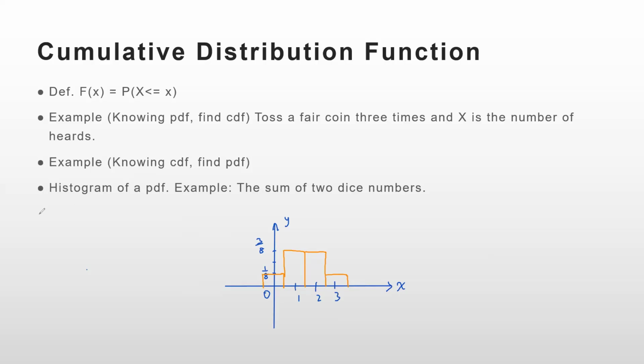For the sum of two dice, we have 1 out of 36 and 2 out of 36 and so forth. It's a little bit tedious to draw, but maybe I'll show you a little bit. It's also symmetric, you will see that very quickly.